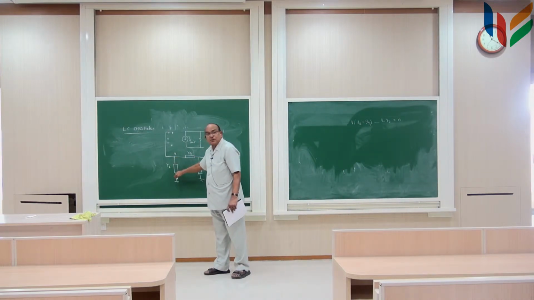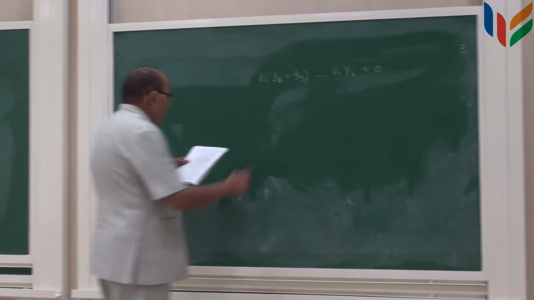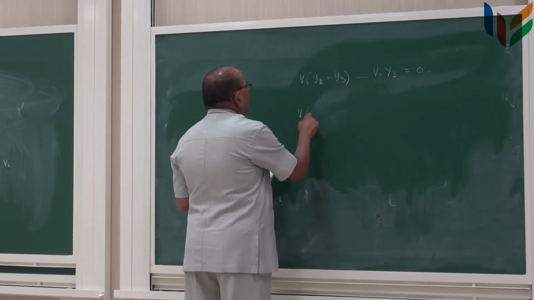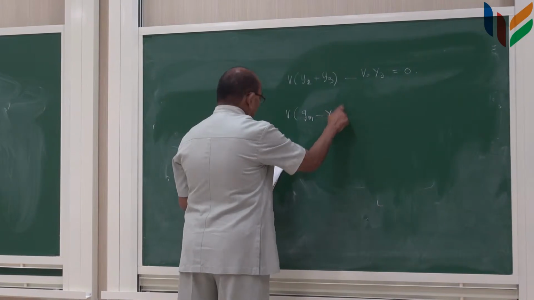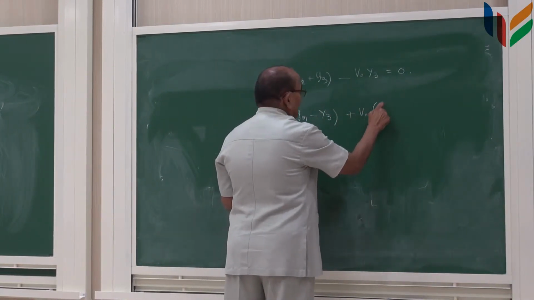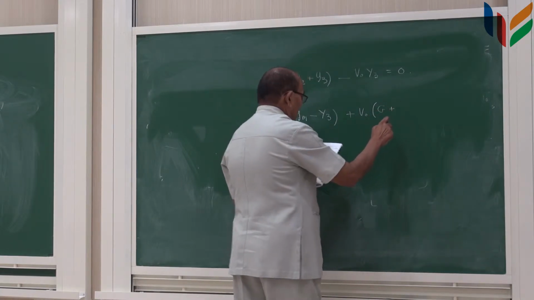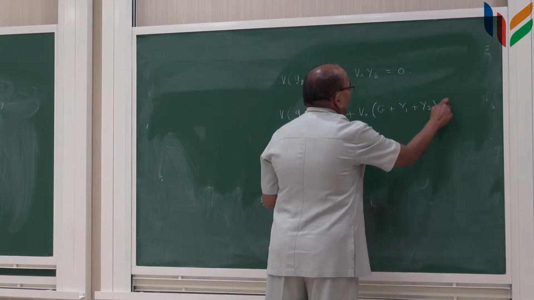V multiplied by y2 is the current. V minus V0 into y3 is equal to this current. So, this current plus this current must be equal to 0. The second one comes out to be V into Gm minus y3, plus V0 into G plus y1 plus y3 is equal to 0.